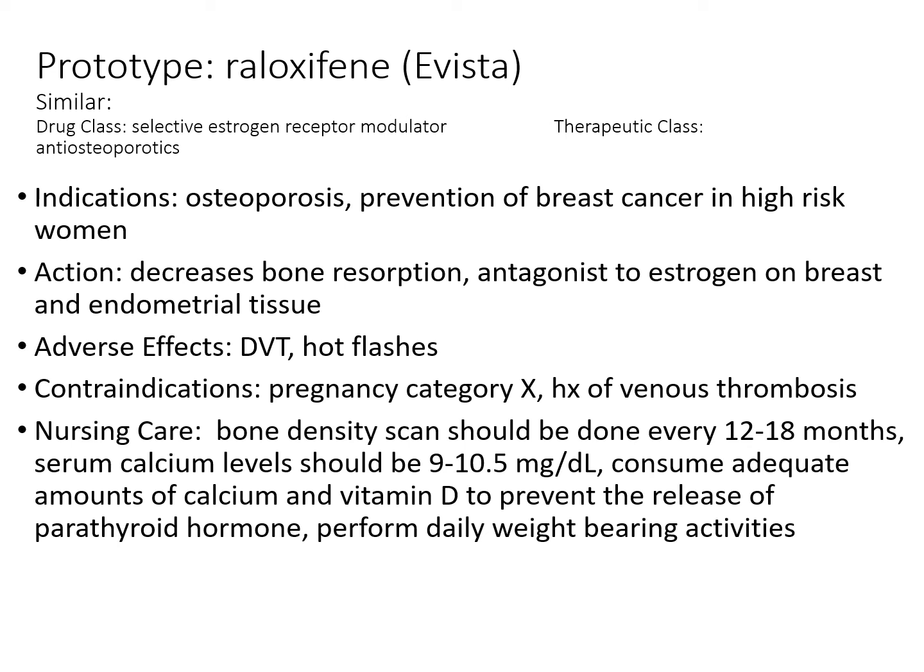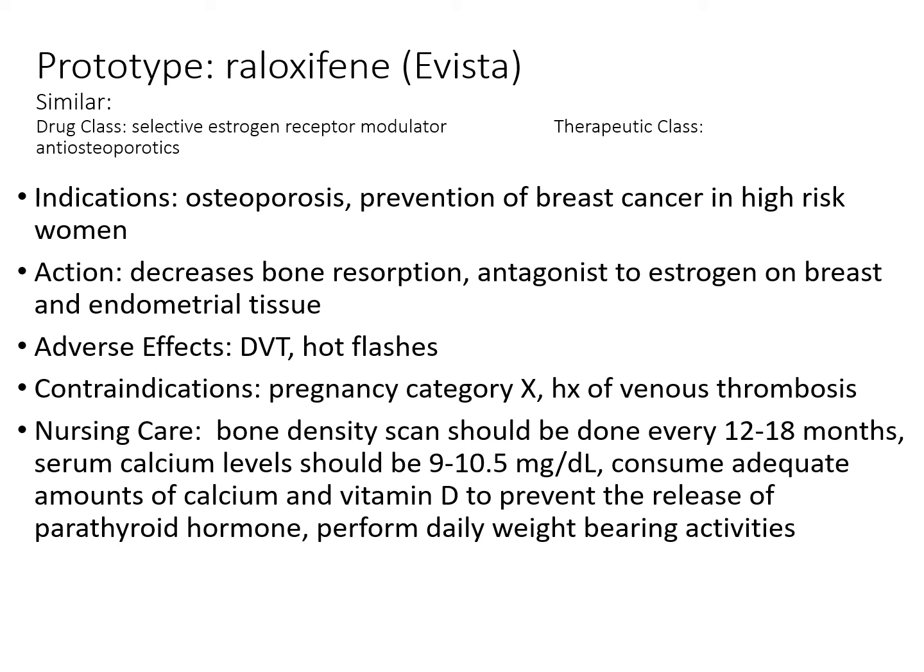Absolutely. So it could be used to try and prevent breast cancer by blocking the estrogen receptor so that estrogen can't get onto that receptor. So these selective estrogen receptor modulators are very interesting just because they have this positive effect in some organs and negative effects in other organs that have estrogen receptors.